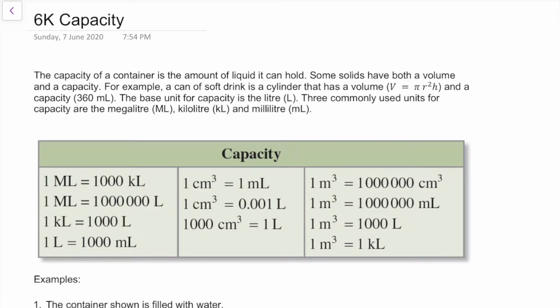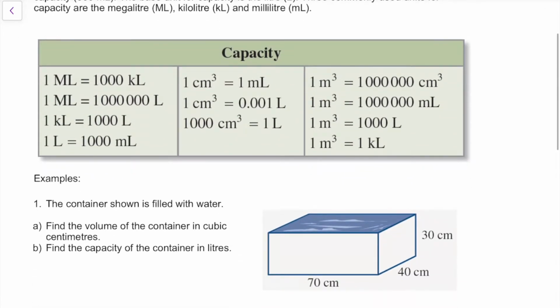Now on your screen there you can see a table that has some of the different conversions that are going to be useful for you in terms of working out capacity from volume. So we often take the volume of a shape and do some converting and we'll find out the capacity. Let's have a quick look at some examples.